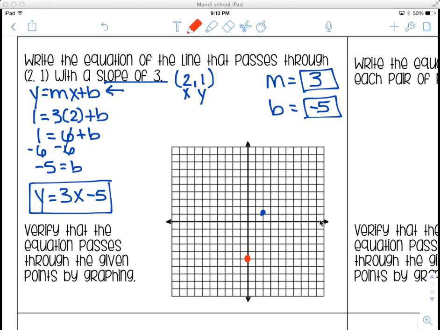It has a positive slope, and the slope is actually 3 over 1. So it goes up 3 over 1, up 3 over 1, up 3 over 1. And I missed my dots when I graphed the line, but you can see that it passed right through that point. So we verified that we did it correctly.